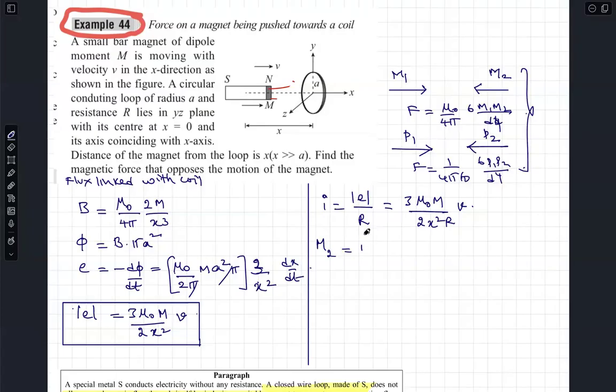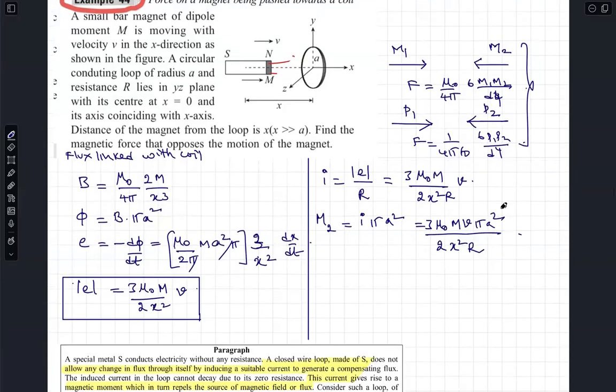It is a loop, and a loop means only one current, I into pi a square. So this will become pi a square of this. So 3 mu naught M v pi a square by 2x square R.